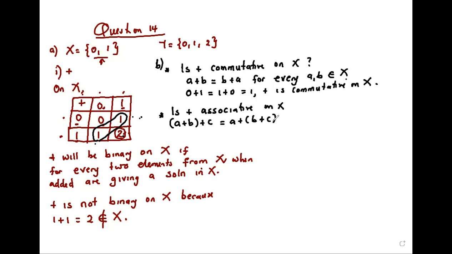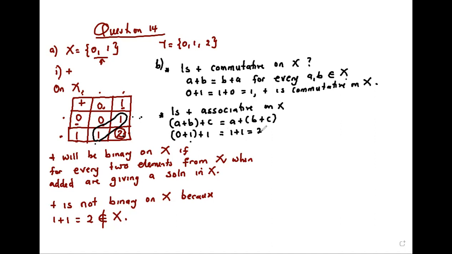Now, addition of this nature will be associative, because look at the numbers we have. Suppose I pick 0 plus 1, and then I add 1. The answer will be 1 plus 1, which is 2.